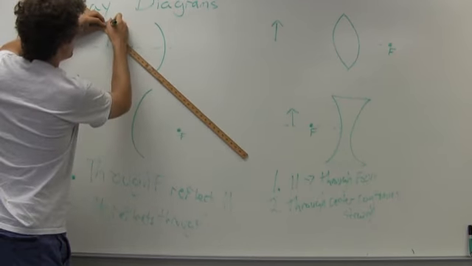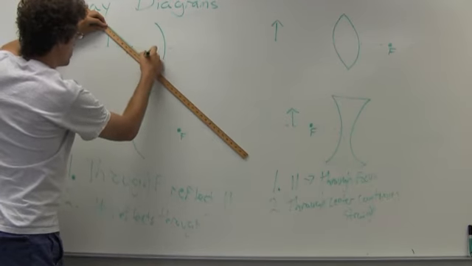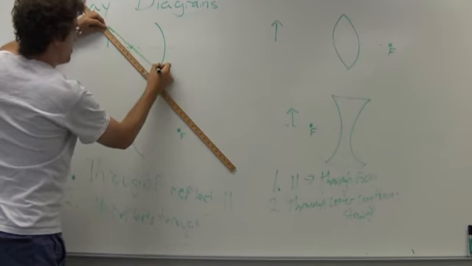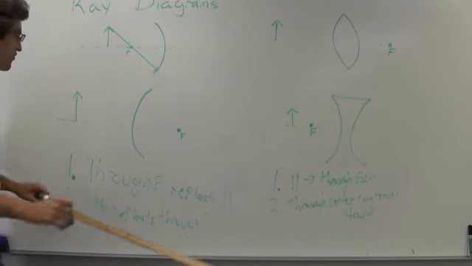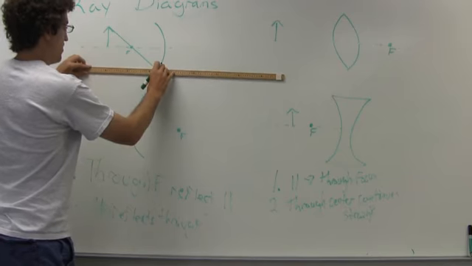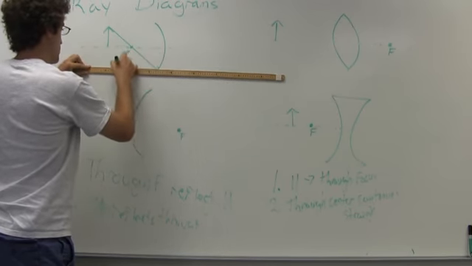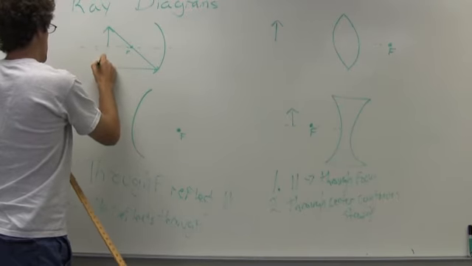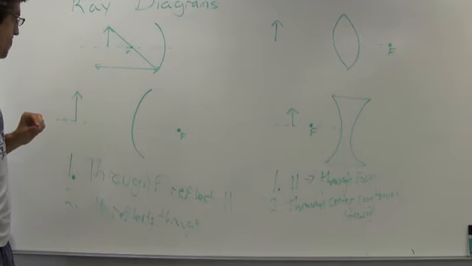So we have a ray of light from the tip of the image that goes through the focus and hits the mirror. Now it's going to reflect off parallel to the central axis.